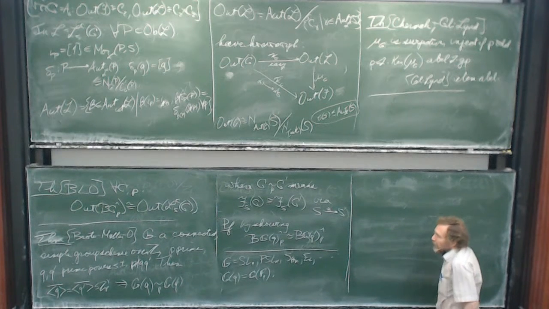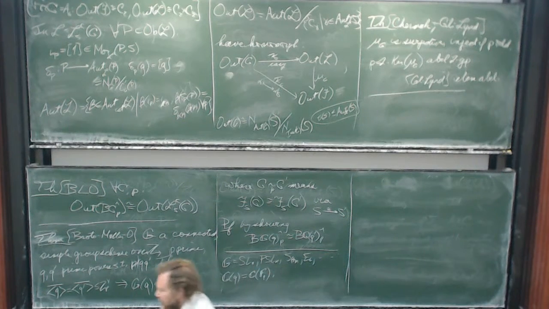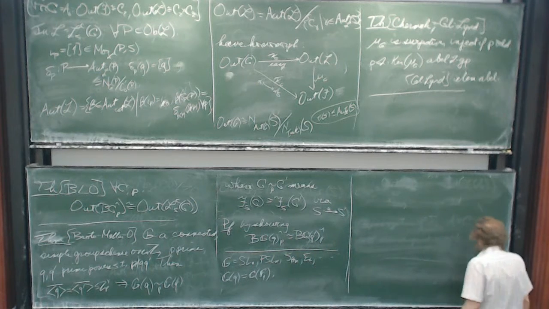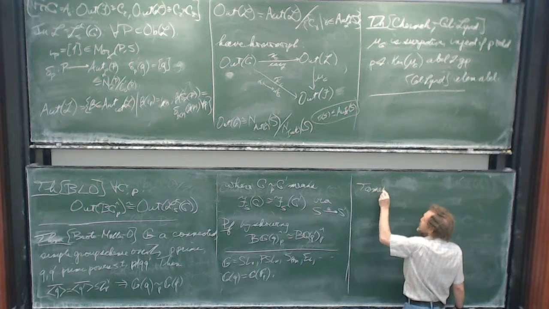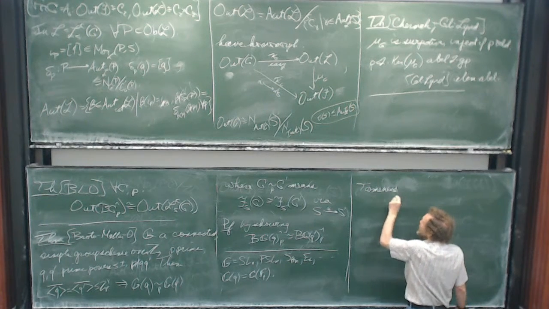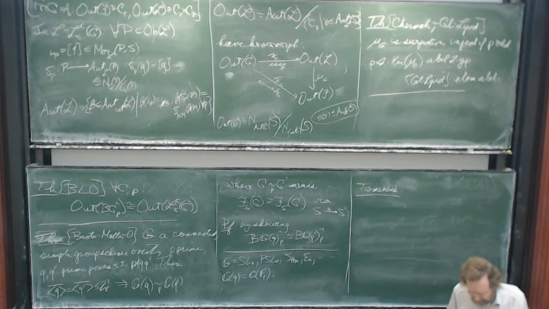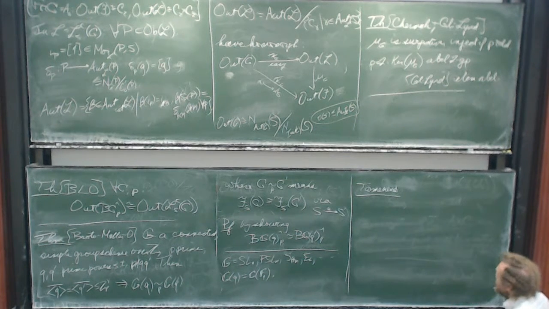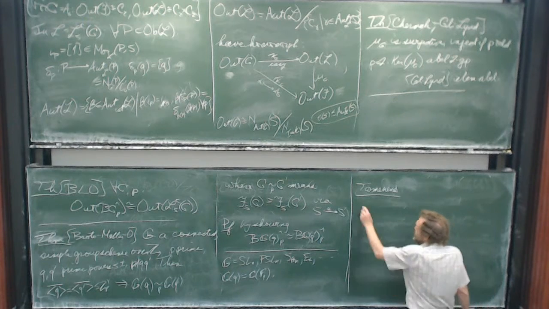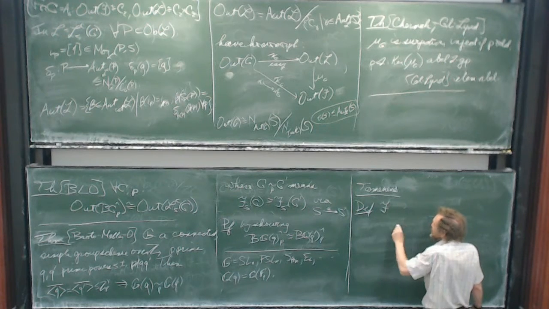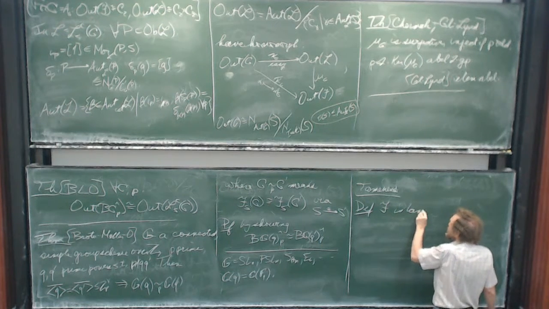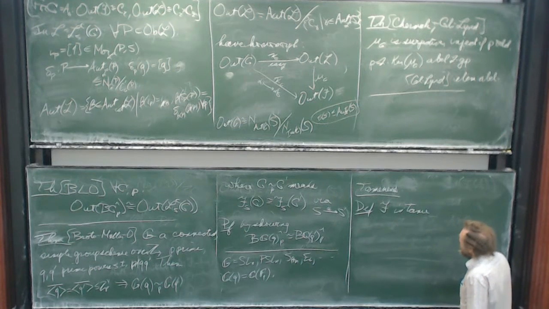So now, back to automorphisms of the groups. And here, one of the central ideas that comes up is tameness. So say that F is tame.